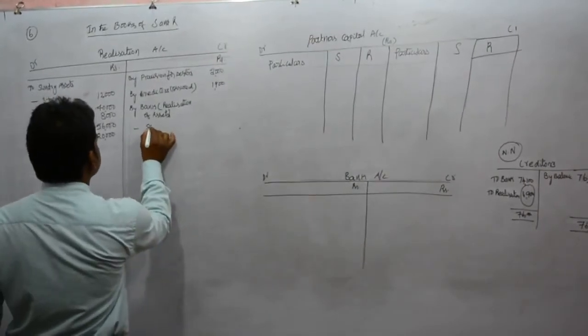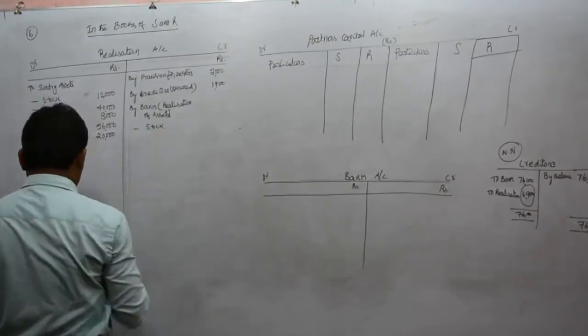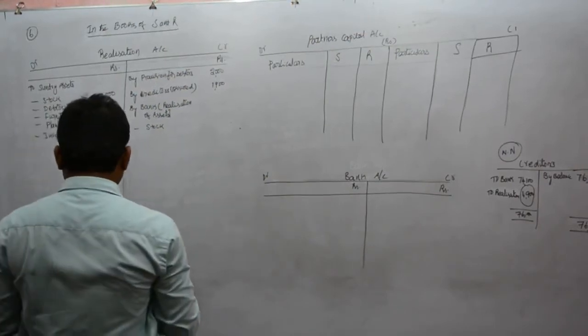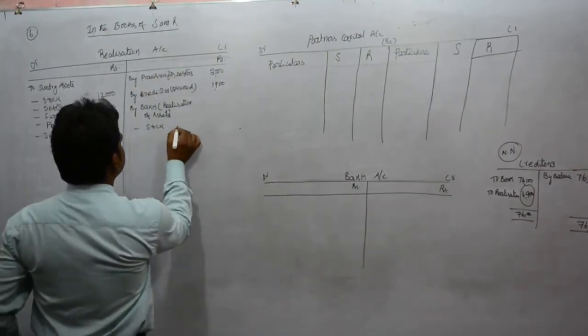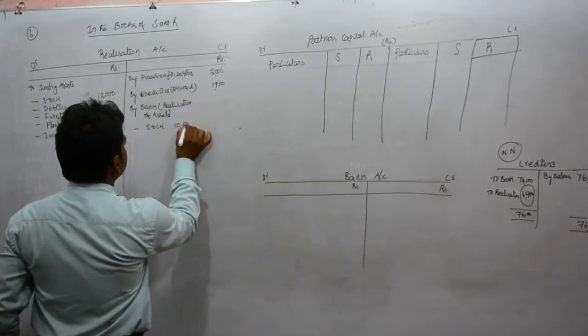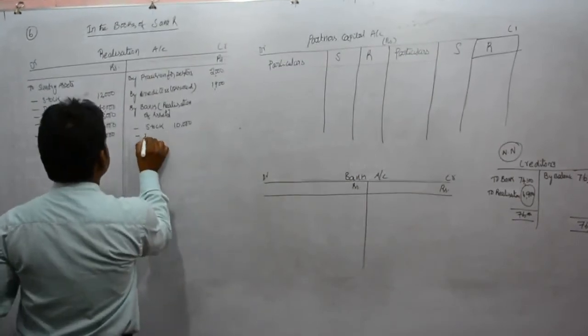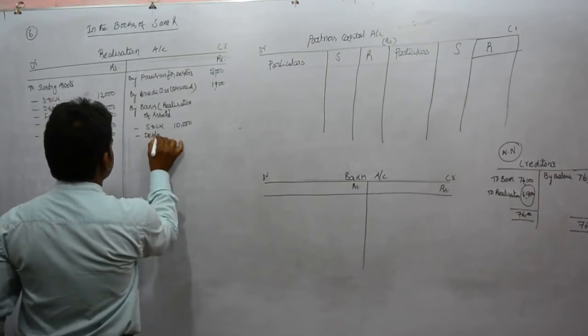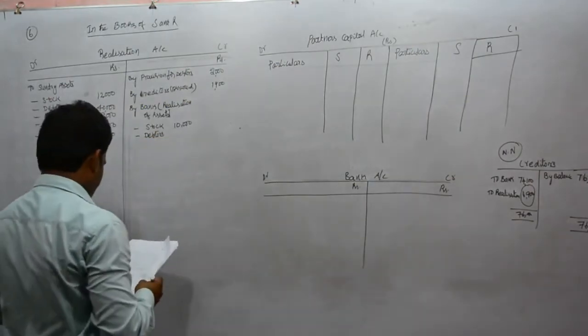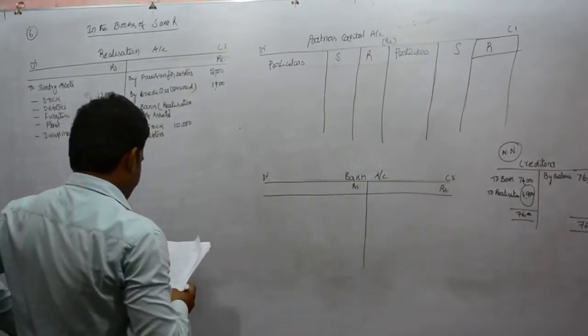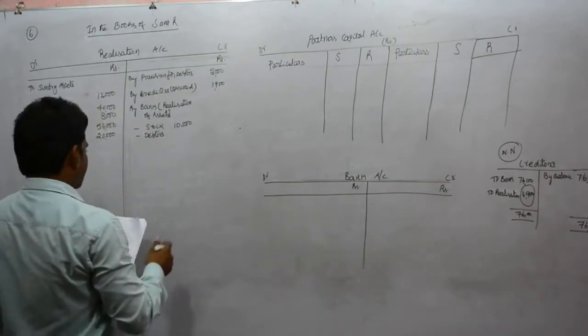Stock 10,000 rupees. Next, debtors 37,000.